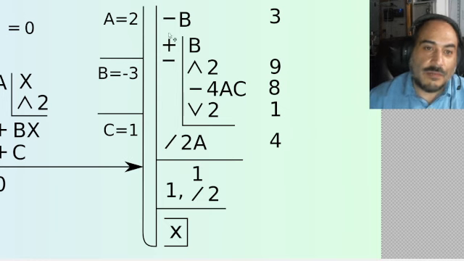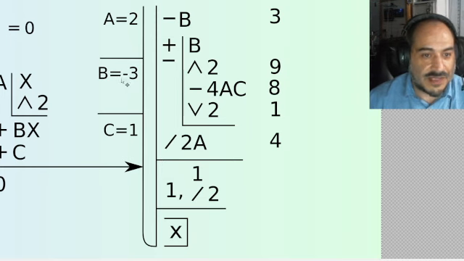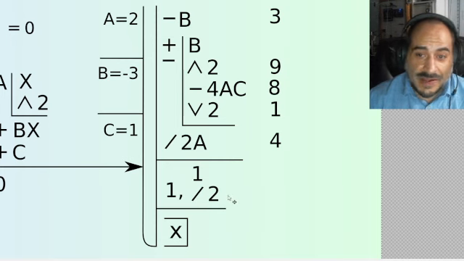And when I perform each of these operations under the condition of A equals 2 and B equals negative 3 and C equals 1, then I get the answer: the array of x, pardon the programming term, is equal to 1 and a value of 1/2.